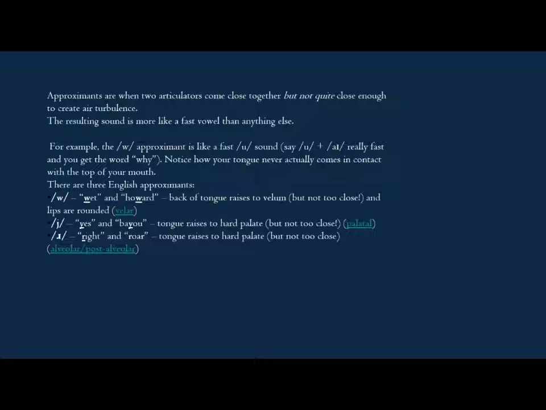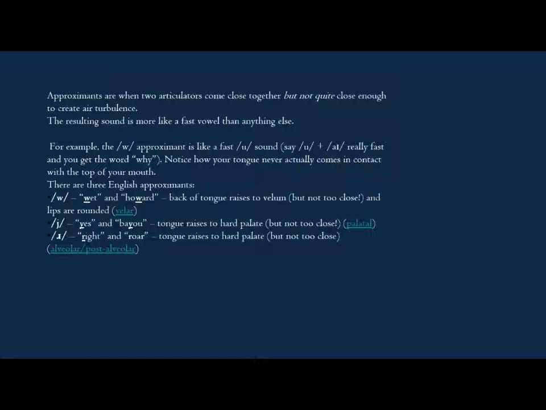Approximants are when two articulators come close together but not quite close enough to create air turbulence. The resulting sound is more like a fast vowel than anything else.